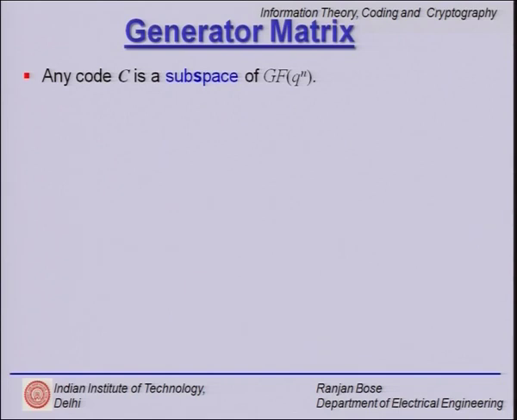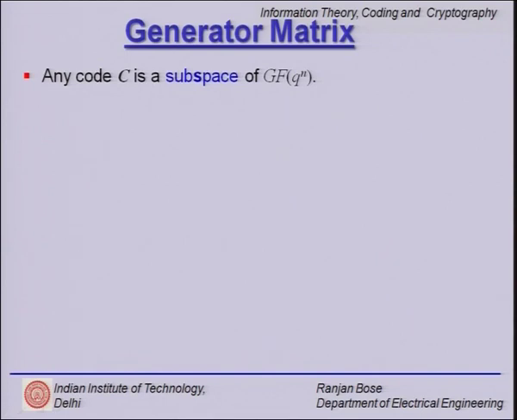For that, we make the following observation: any code C is a subspace of GF(Q)^n. Let's understand this statement with a simple example.